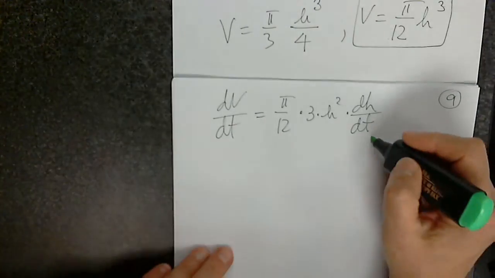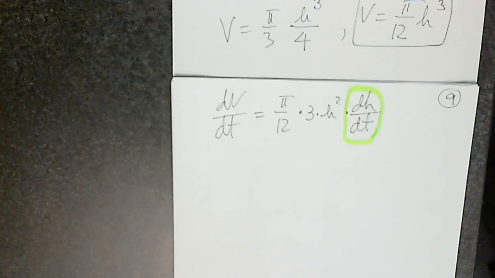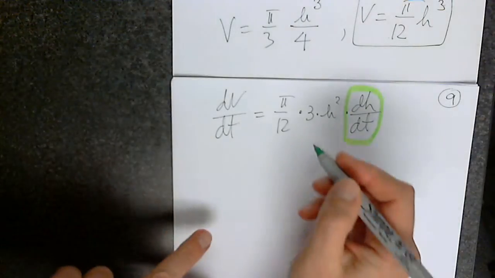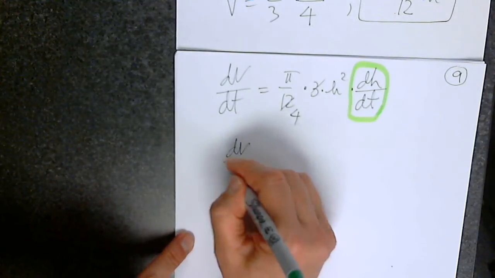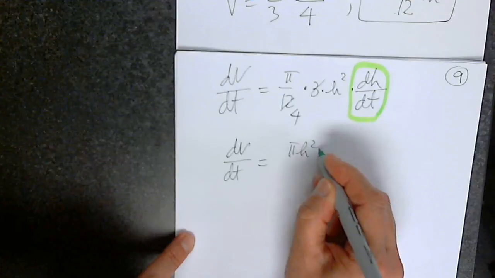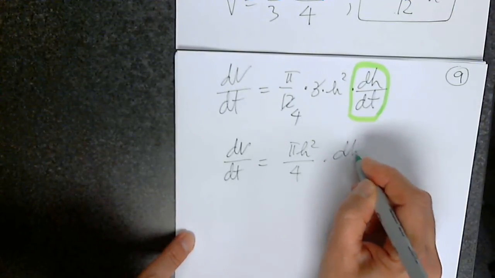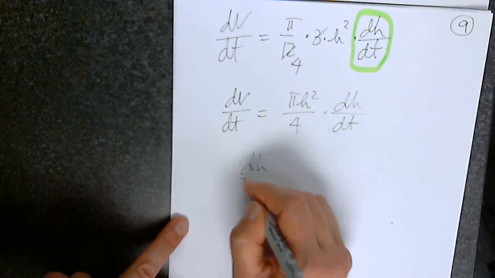So after all this work, this is what I'm after. I will solve for it first. I'll simplify by 3. So then I have dV over dt equals pi h squared over 4 times dh over dt. I'm solving for dh over dt.